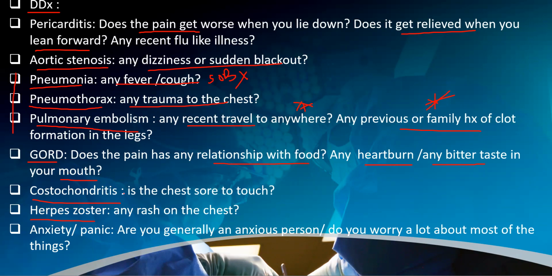Patient with costochondritis, if you palpate over the costochondral area, you will feel like patient having some tenderness or even sometimes swelling in that area. So that's your costochondritis. So is your chest sore to touch? For herpes zoster, any rash on your chest? Just one question.